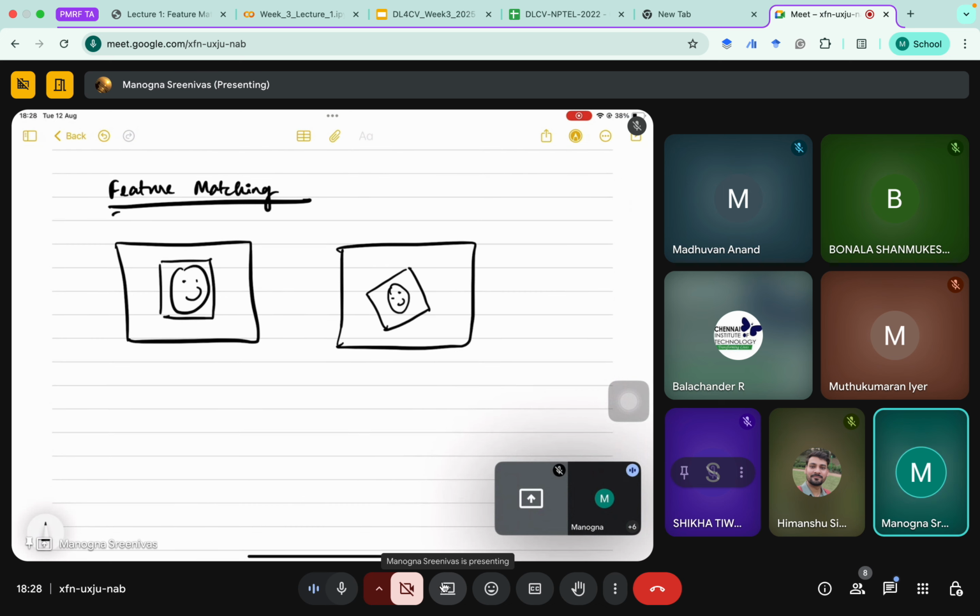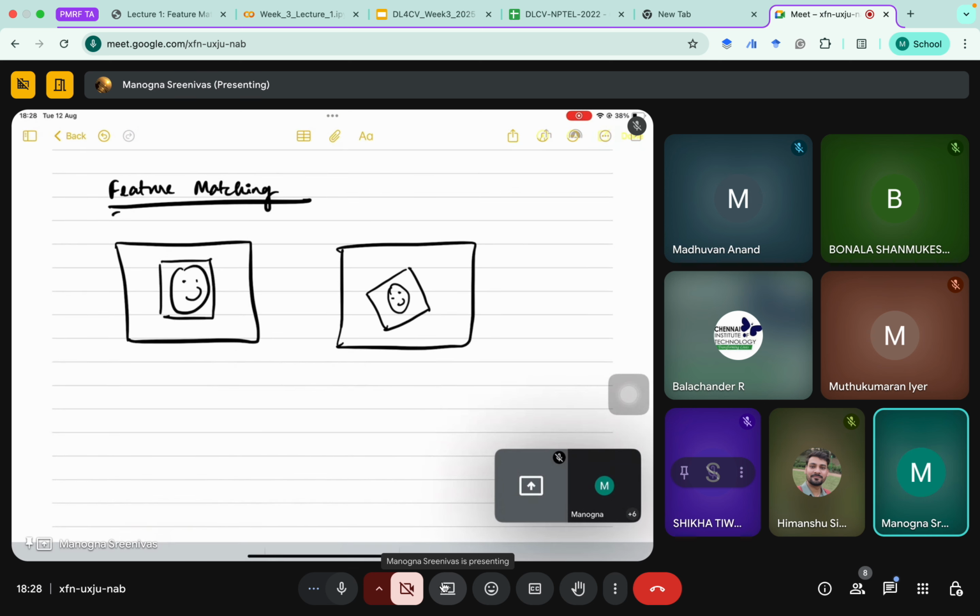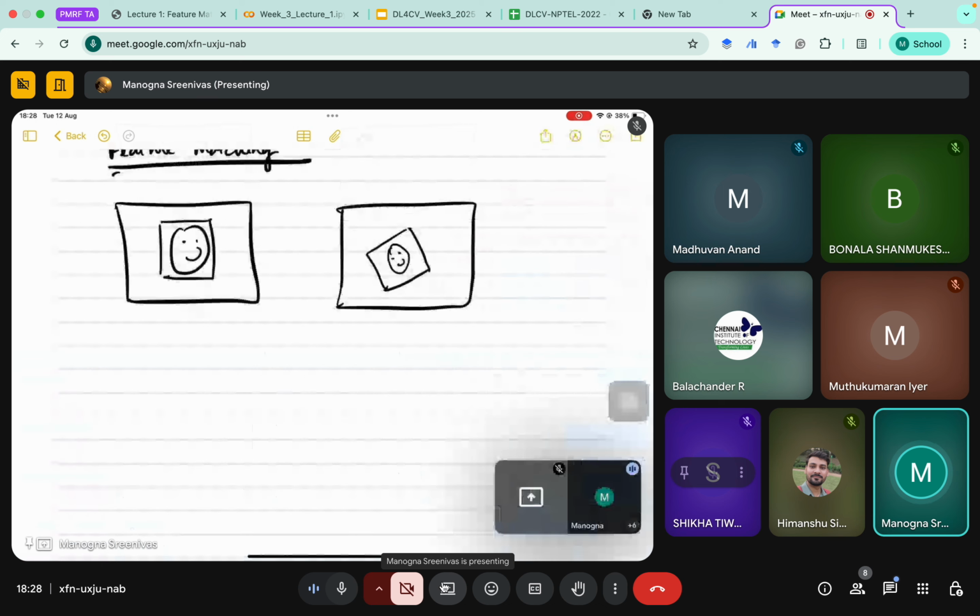We are finding correspondences. So we would identify certain key points here, and then identify the corresponding locations in this, and based on that we map them, right? And once we do this, you can do, say, image stitching and so on, right?